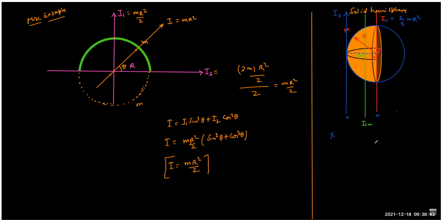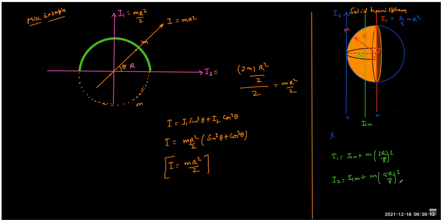Now the theorem we apply for the ICM and I1. So I can write I1 equals ICM plus M times 3r by 8 whole square. And for I2, what I can write is I2 equals ICM plus M times 5r by 8 whole square.